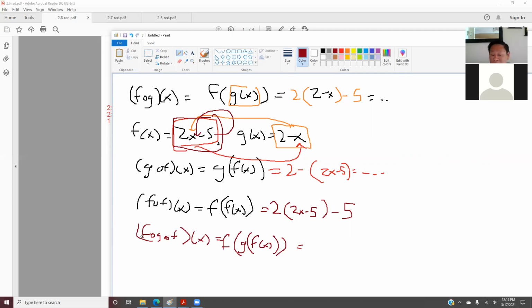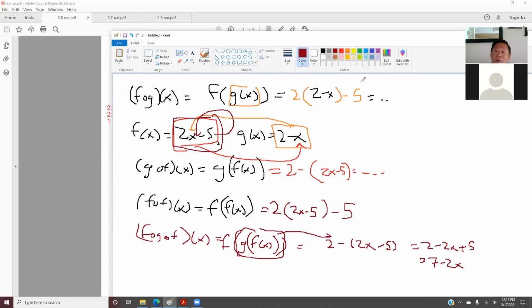So how we do f dot g dot f is we do f of x first, which is 2x minus 5, and plug it into the g of x. So we got 2 minus 2x minus 5. We do this piece first. So you will get 2 minus 2x plus 5, which will be 7 minus 2x.